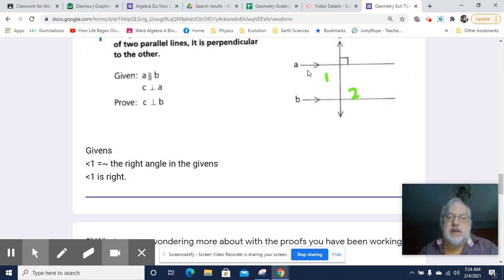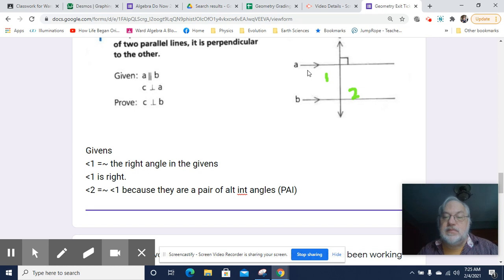Okay. Angle 2 is congruent to angle 1 because they are alternate interior angles. PAI, pairs of alternate interior angles. I should say they are a pair. That's probably the best way to say it. A pair of alternate interior angles.